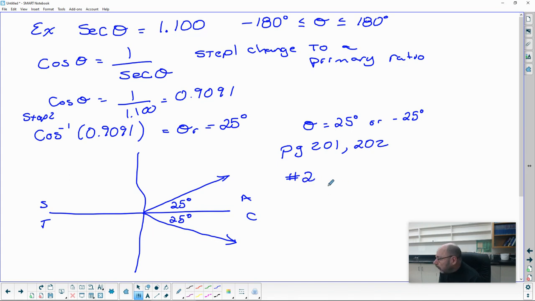Don't do the whole thing, just do A, C, E, G, so column 1. It says give the approximate value, so you're just using your calculator, if you have a pi button on your calculator. Now remember, when there's no degree sign, it means radians. So you'll be changing your calculator from degrees to radians.